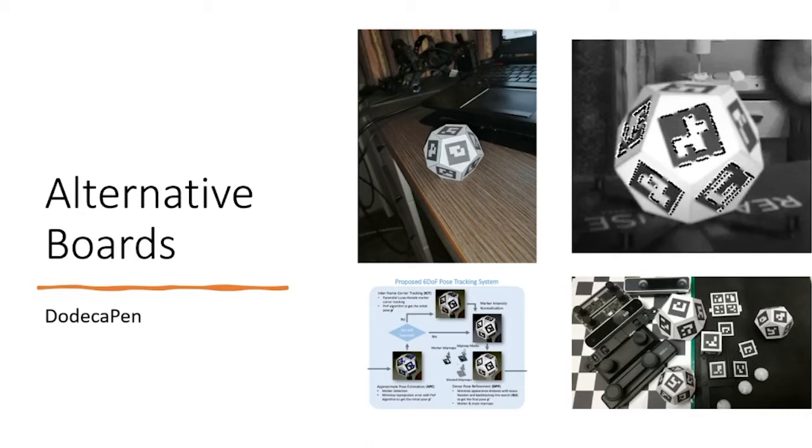The original paper, which this was taken from, uses this kind of board or tracking technique for basically drawing. So this was stuck to the top of the pencil, and they got quite good results.